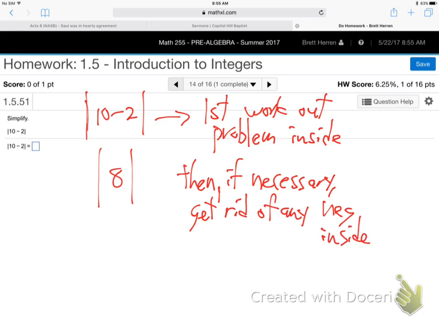So do I even have any negatives inside? No. But these guys do vanish, and so the answer is regular 8. Remember, they always vanish. You don't want to type them in as an answer. They always vanish at the end. So the answer is just regular 8. So really, the absolute values did nothing on that problem. They weren't even really important at all. Good to there? All is well.